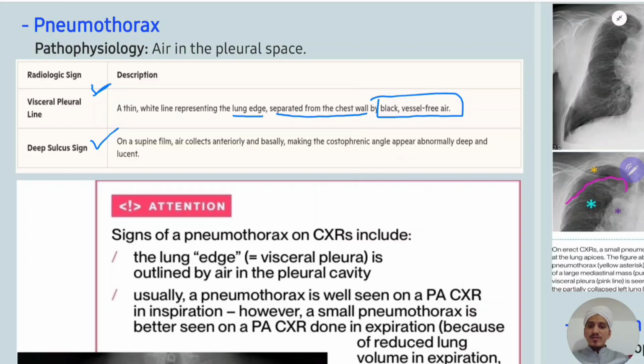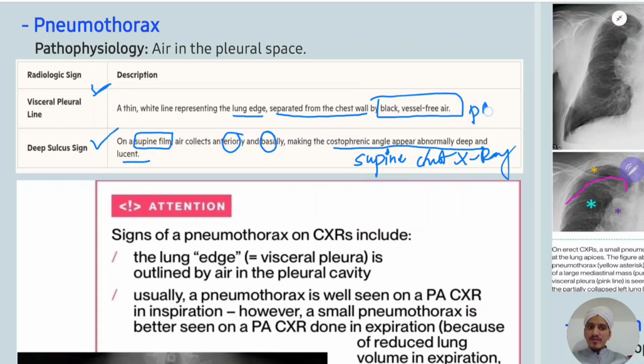Lucent means with increased blackness. So that is the deep sulcus sign, which you will see in a supine chest X-ray, and the pleural line you will see in a PA view.